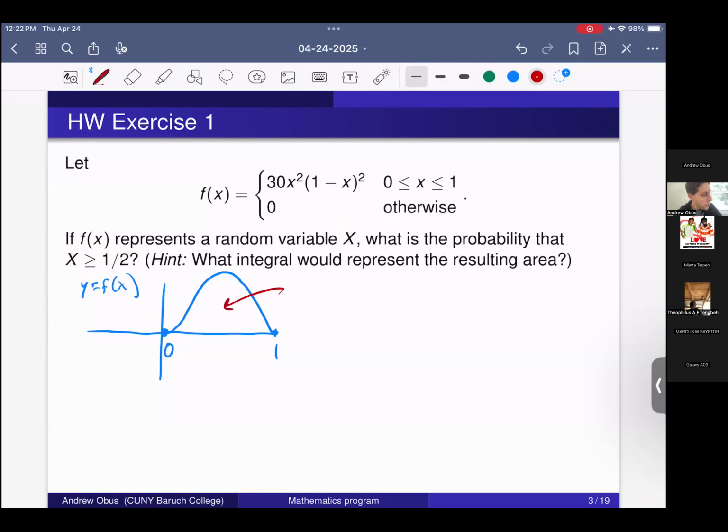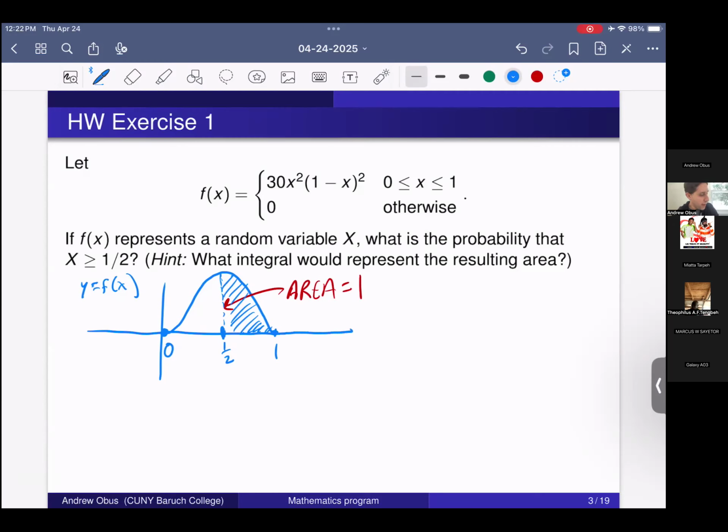We know this because it's a probability density function. So I want to know what proportion of that area is greater than 1/2. So I'm really looking at this proportion of the area.